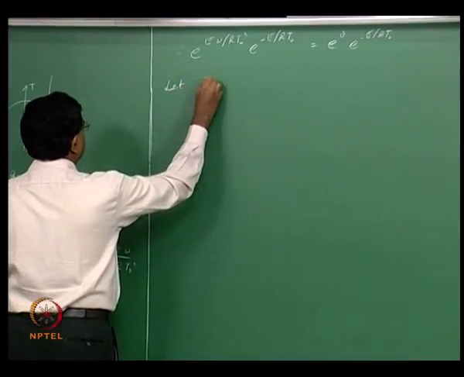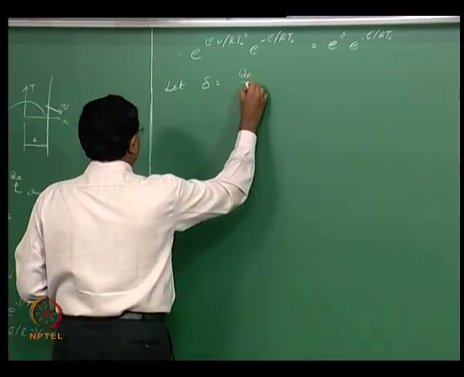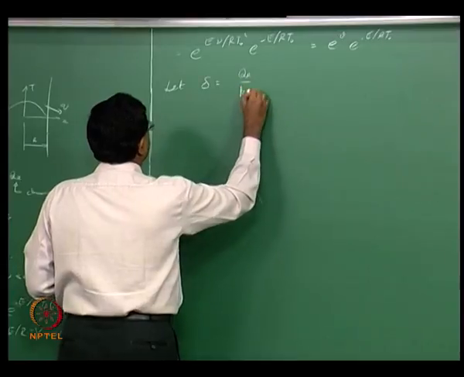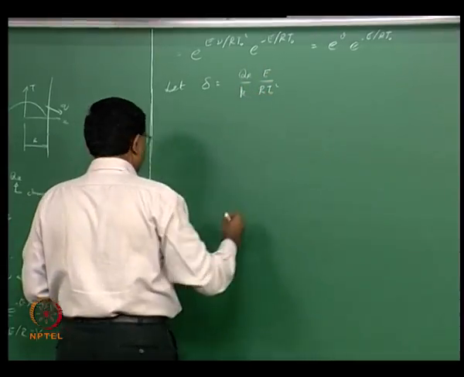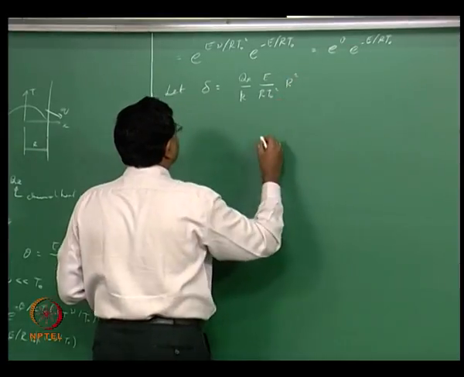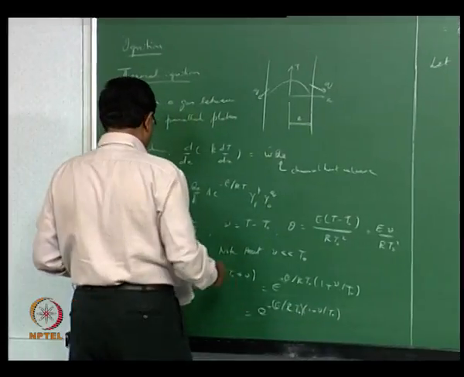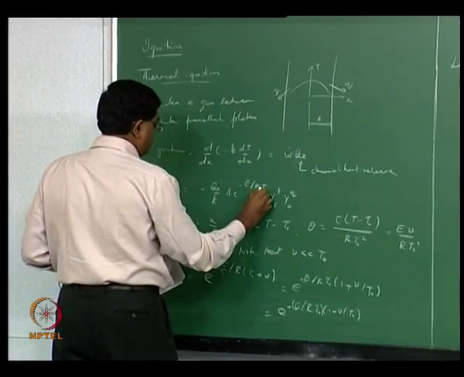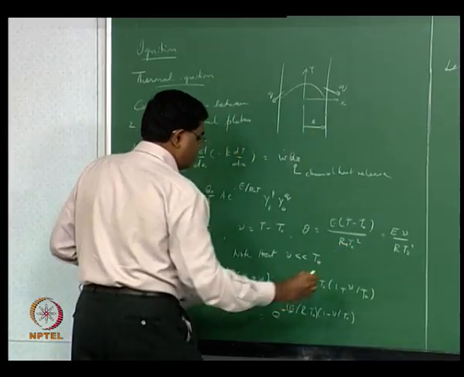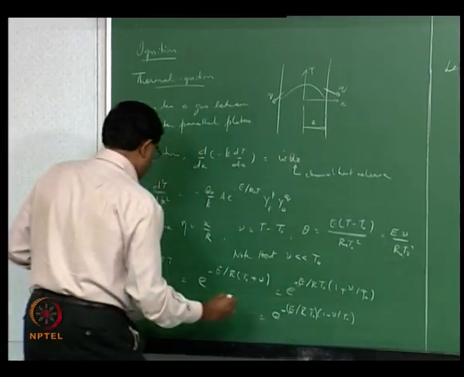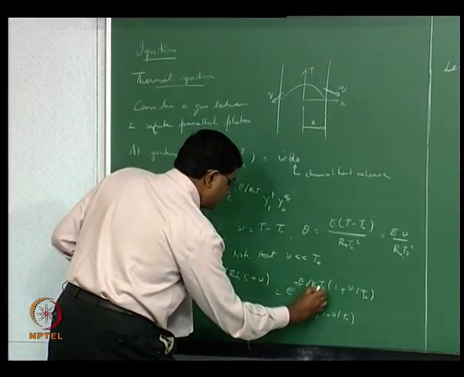Okay, now let us say delta equals q_r over k, E over R T naught squared, R squared. Well, maybe again I'm mixing up symbols, so we should go back and write this as R_u, R_u. There are plenty of places where we need to make this correction.